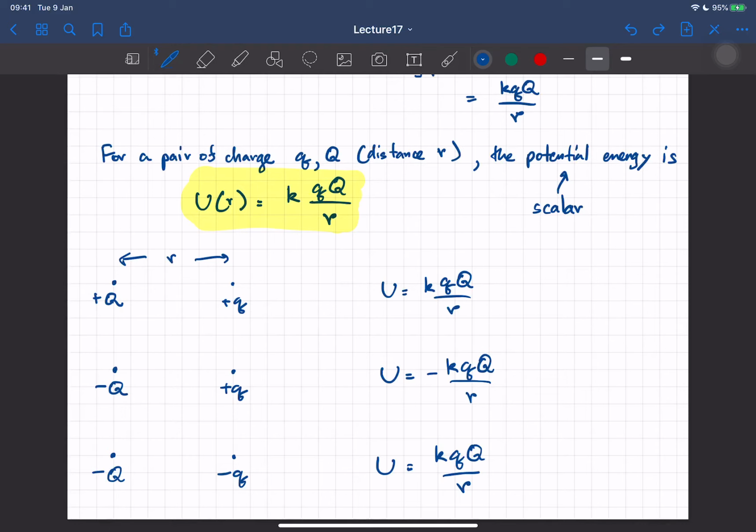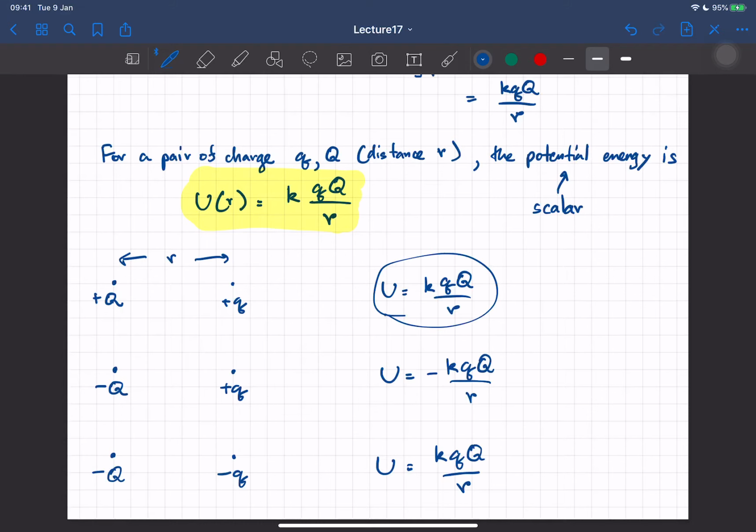And actually, it's very important that we have this kind of sign, because remember that the system will try to lower the potential energy if it can. And think about this. So the first situation, we have positive and positive sign. So potential energy is positive KQq divided by R. What can the system do to lower this potential energy?